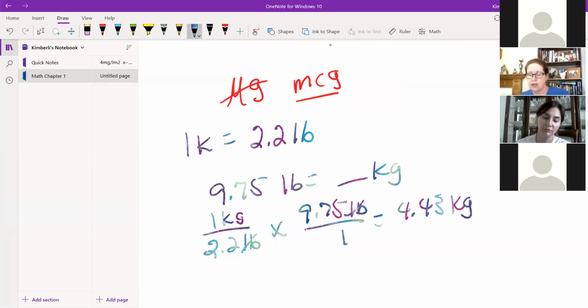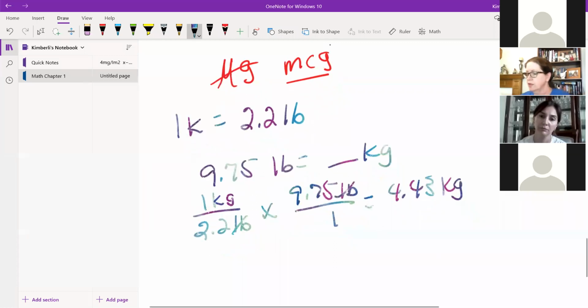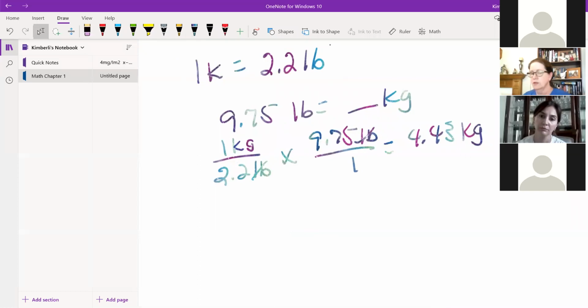We have babies so tiny. We have had 23-week preemies, which means that instead of being in the womb for 40 weeks, they were only in there for 23 weeks. So barely a little more than half the time they should have been in there. They are so tiny that we measure them in grams instead of kilograms. They're not even a pound.